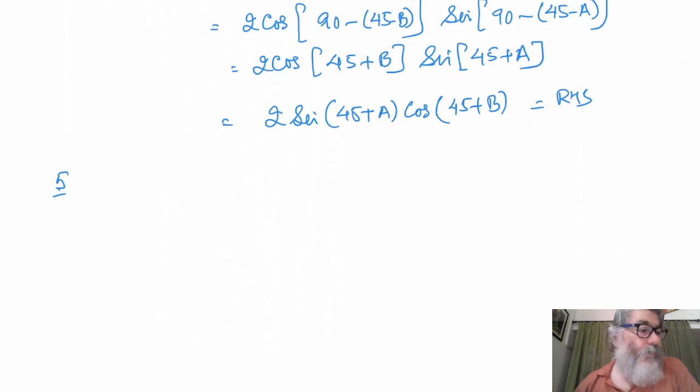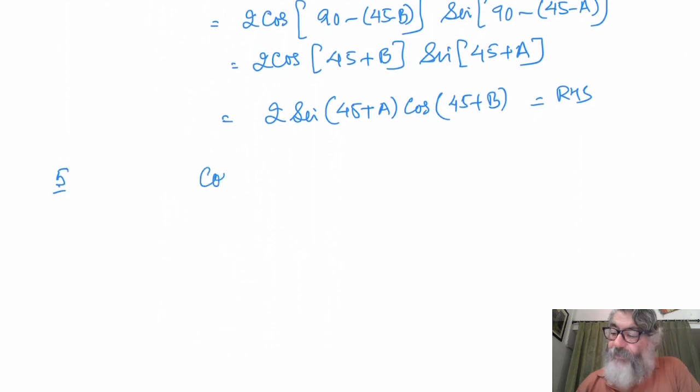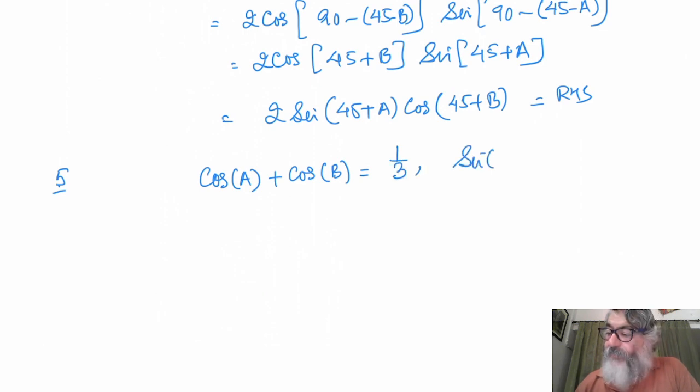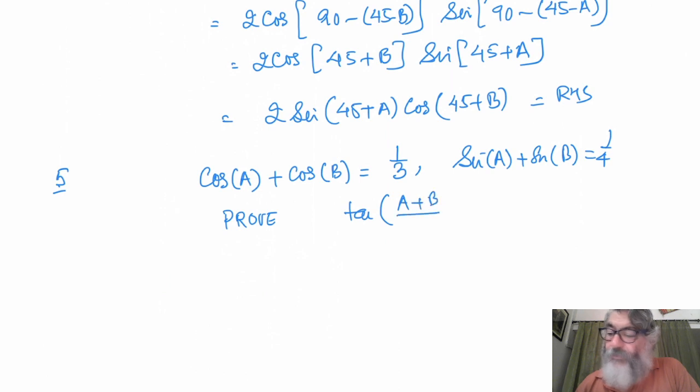He has given you cos A plus cos B equal to 1 by 3, and sin A plus sin B as 1 by 4. He wants to prove that tan((A plus B) upon 2) should be equal to 3 upon 4.